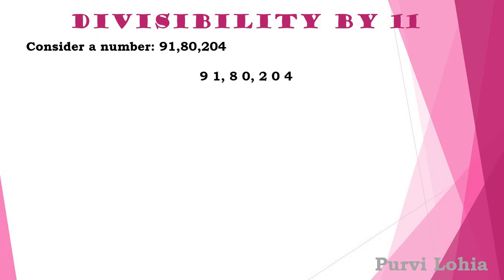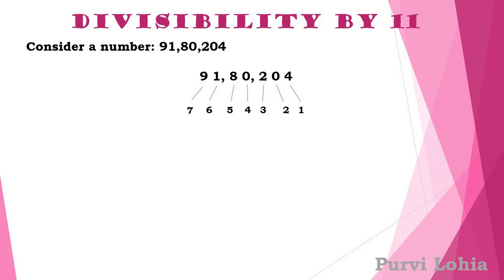Next, divisibility by 11. Now students, please understand this very nicely. Consider a number 91,80,204. Now what we do, we see the places of the number. So see, 4 is at first place, 0 is at second place, 2 is at third place, 0 is at fourth place, 8 is at fifth place, 1 is at sixth place, and 9 is at seventh place.